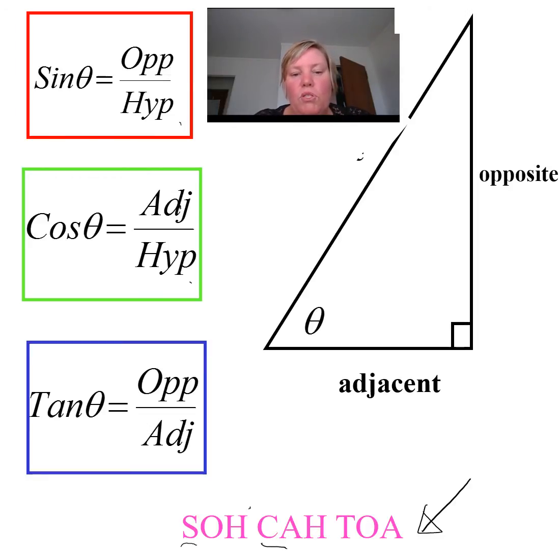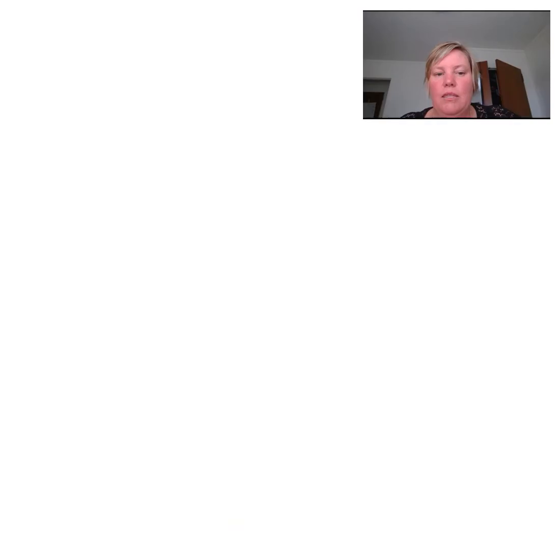It's very important that you learn these ratios off by heart, and soh cah toa makes it easier. If you notice the middle letter in each piece, the middle one is actually the top of each fraction. Can you see that? So it's sine, opposite over hypotenuse, soh, cah, and toa. It sort of goes up in the middle.